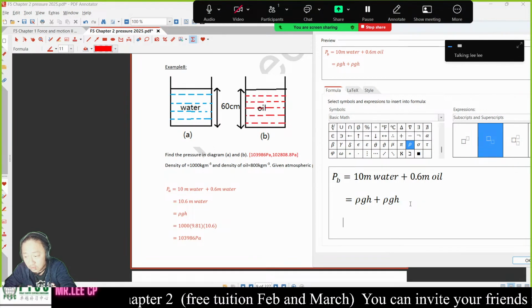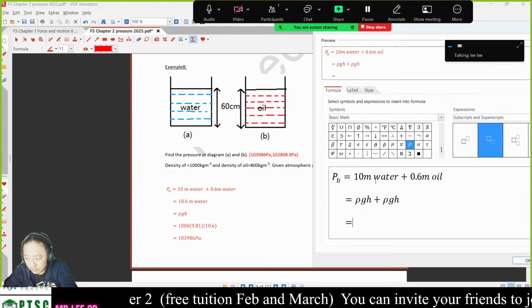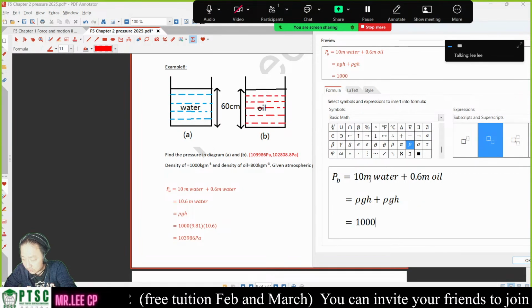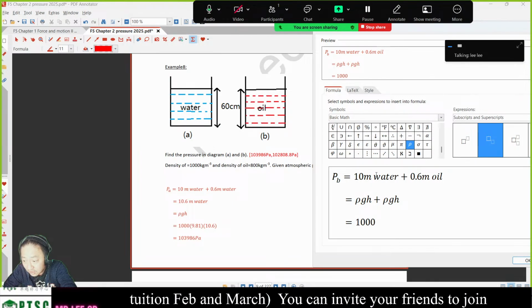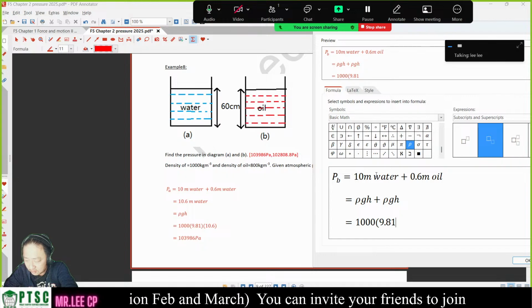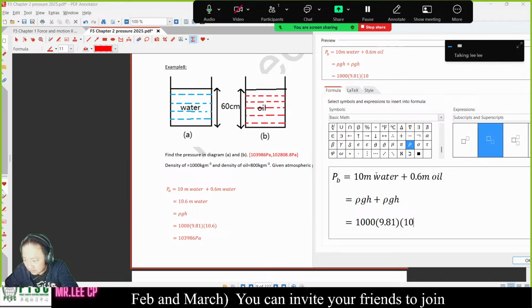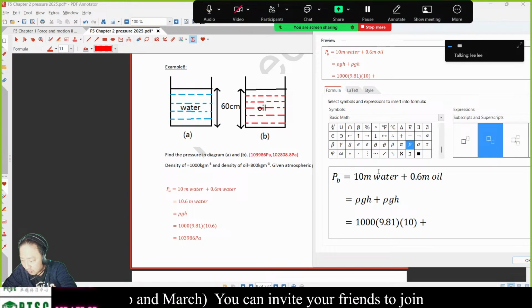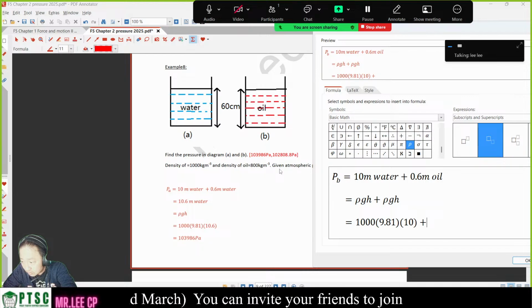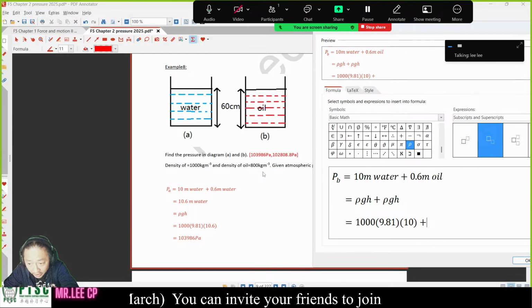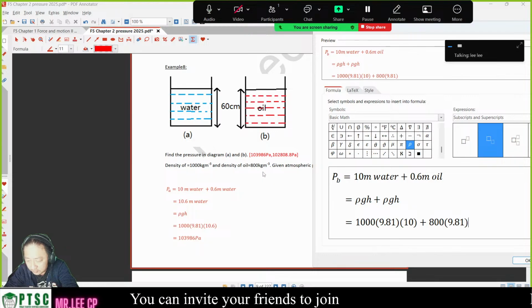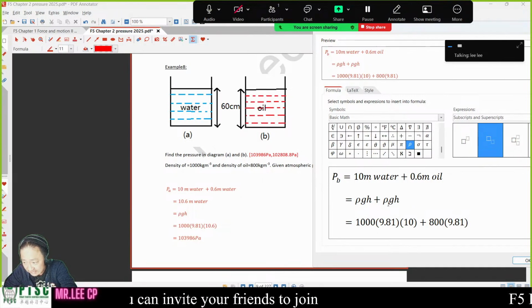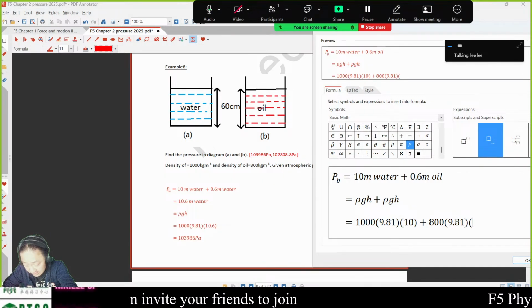So now rho water is 1000, G is 9.81, H is 10 meter, plus here rho of the oil 800, G 9.81, H is 0.6.